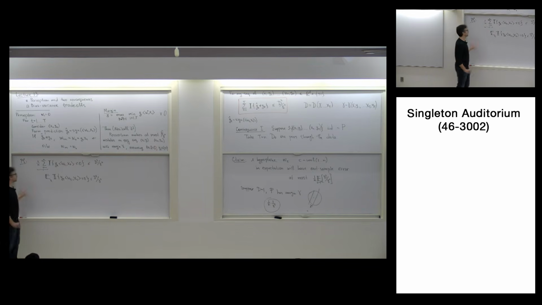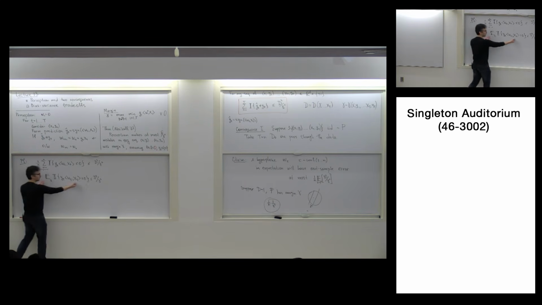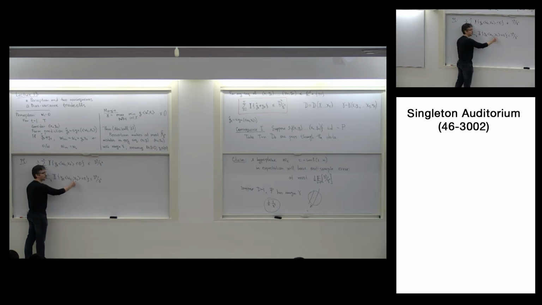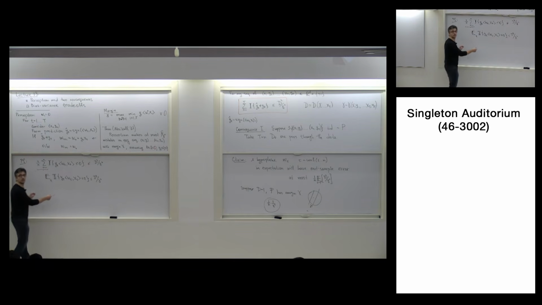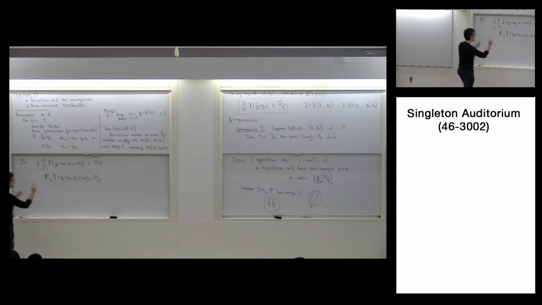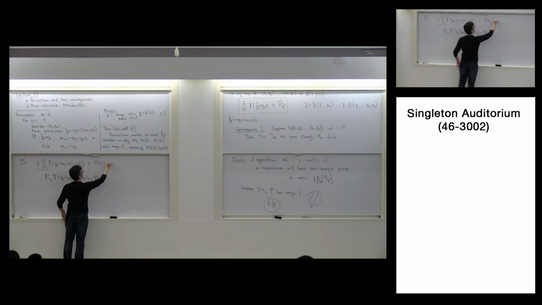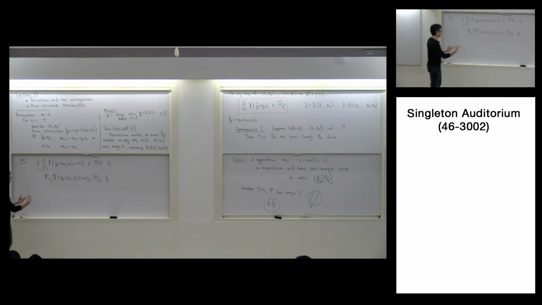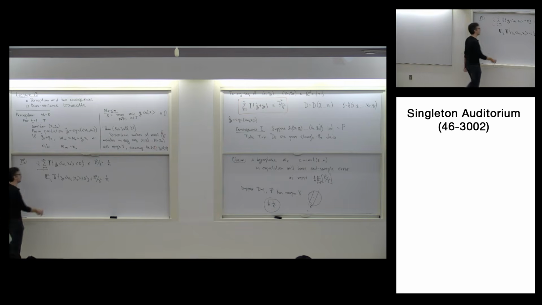Okay. And now let me take an expectation over the data. So I'm going to take expectation of both sides, because now this is a random quantity. Remember, it's still random in the data. Should there be 1 over n? Oh, 1 over n. Thank you. Times 1 over n. So let's take an expectation of both sides.